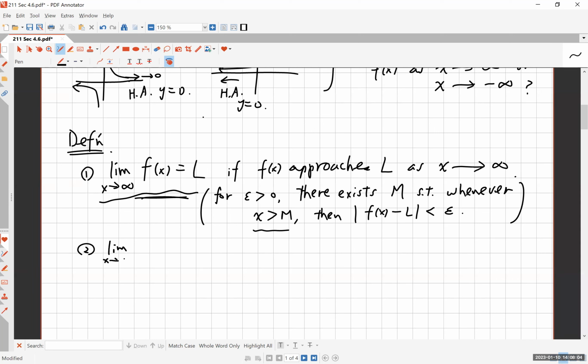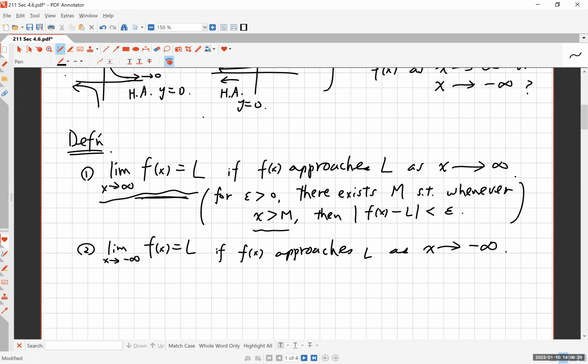Now, I'm not going to rewrite the formal definition for the limit as x approaches negative infinity. But this one basically says that f of x approaches L as x approaches negative infinity.